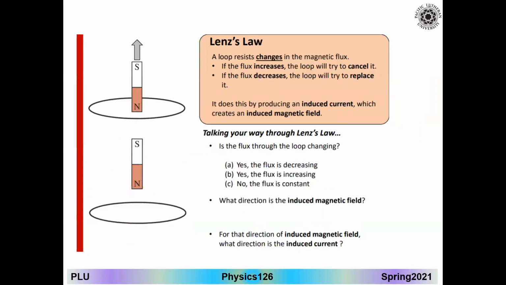Let's apply one more example. We have the same situation here, and now the only thing different is the starting point: the magnetic rod was very close to the loop, and then we move it away from the loop. So again, we draw the magnetic field.